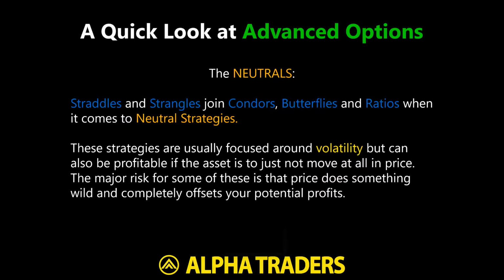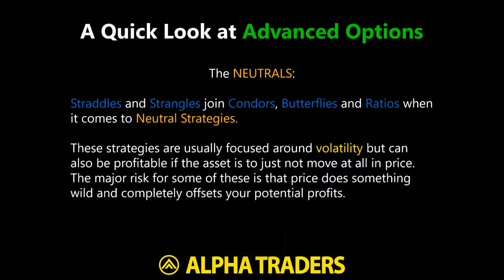That's where some condors, butterflies, especially ratios, come in, where you're making money if it doesn't hit these levels. So if you have a strategy that says AMD neutral at 85 and it's in at 83, you might have a strategy that says if it can't dip below 80 and it can't push above 85, you're going to make money. And you can make money on both sides on that.